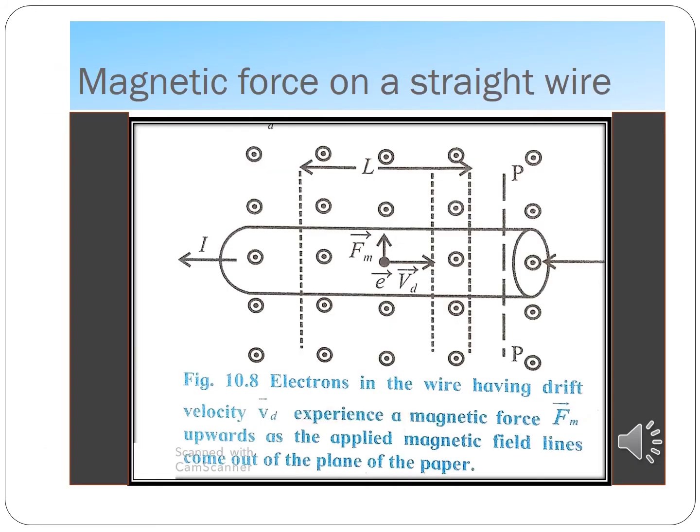Let us now move to the last two concepts, that is the magnetic force on a wire carrying a current. Students, in this diagram, you could see that a straight wire of length L is shown in the figure. An external magnetic field, capital B, is applied perpendicular to the wire, coming out of the plane of the paper.